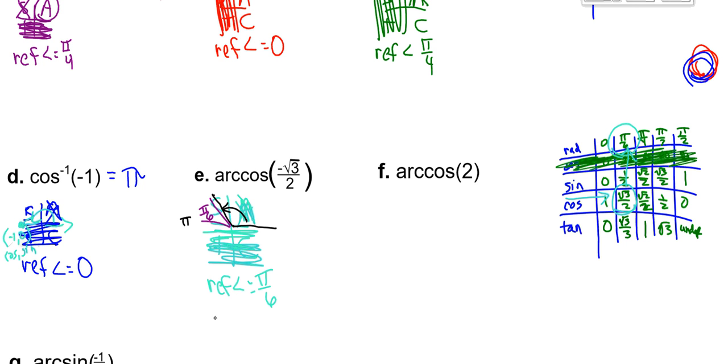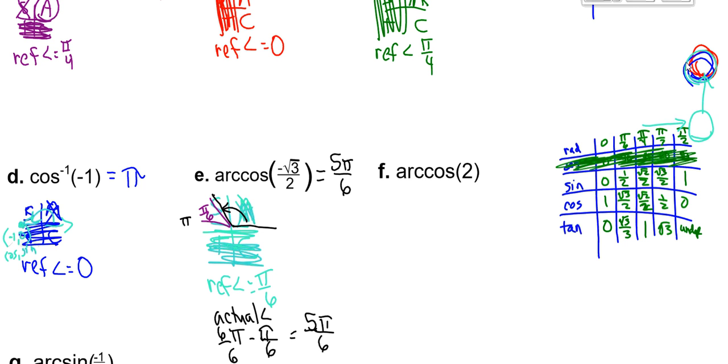So our actual angle is pi minus pi over 6, like 6 pi over 6 minus pi over 6. So that is 5 pi over 6. So if you had pi over 6, it's the right reference angle, but it isn't the actual answer for that one. The next one is arc cosine of 2.